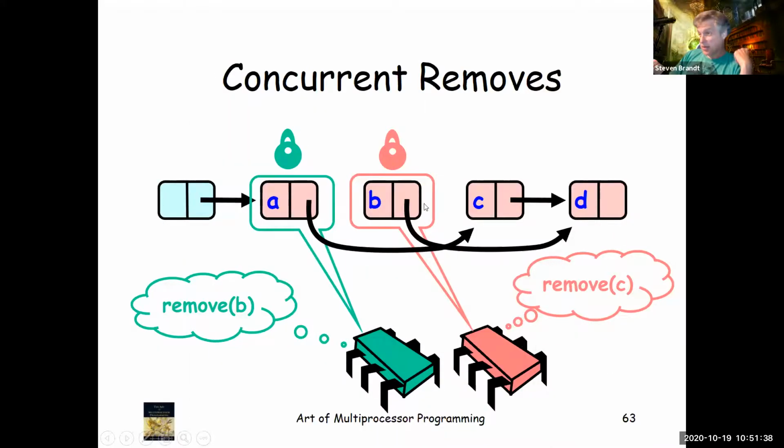It had read B's next pointer and knew it was pointing to C. And so it knows that to delete B, it should update its next pointer to point to C. The problem is the list now goes from the head to A to C to D. And this operation that the orange processor attempted, the removal of C, failed. Nothing happened at all.